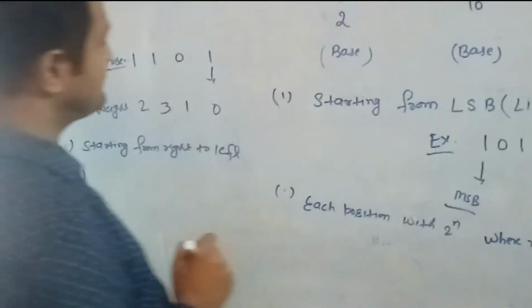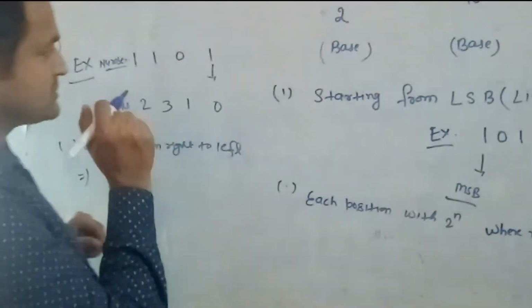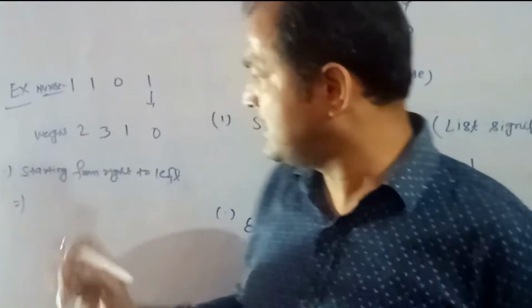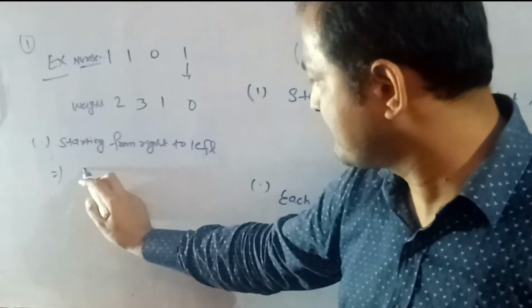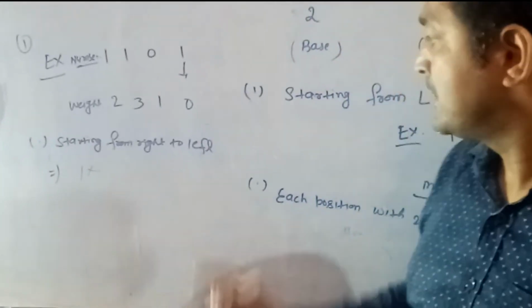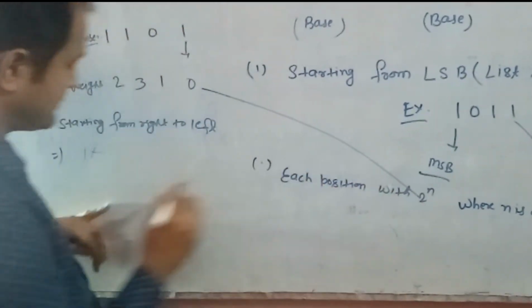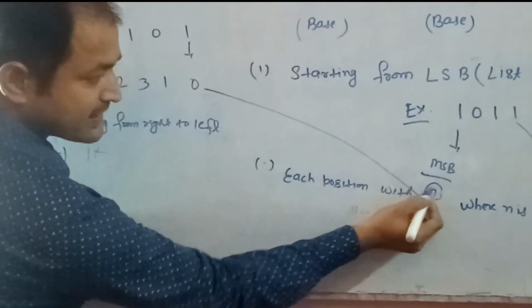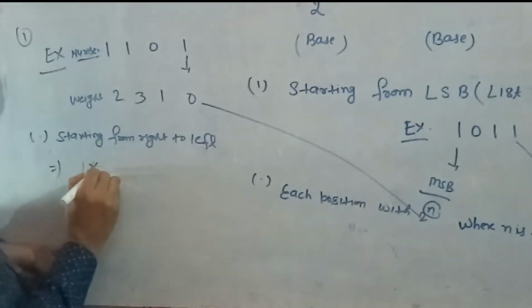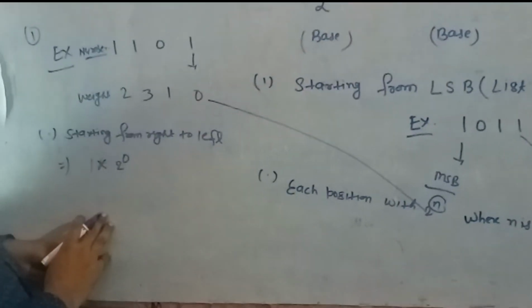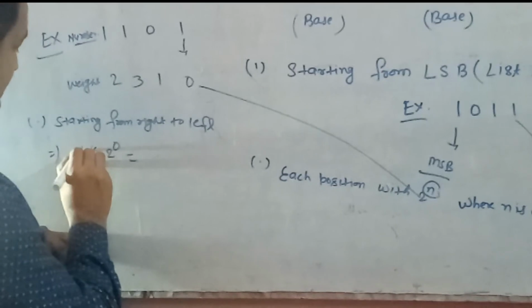Always remember, starting from right to left. Let's start. My dear student, 1 multiplied by 2 to the power n, where n is the position. 1 times 2 to the power 0. I hope every student agrees.